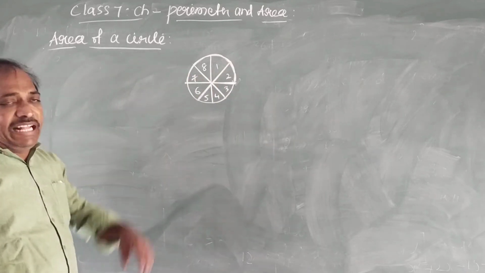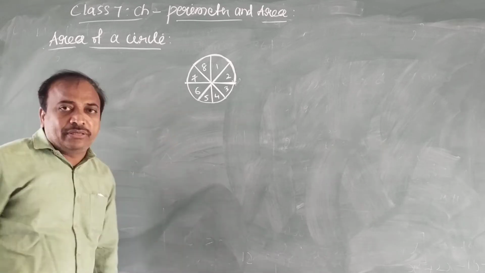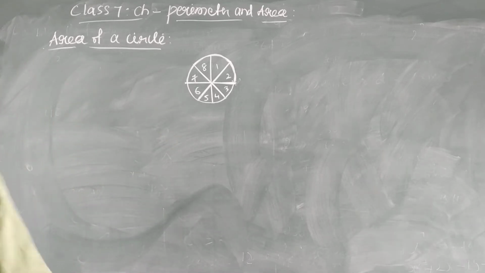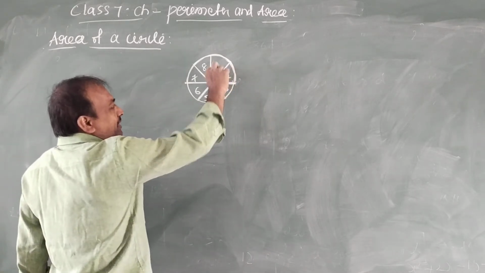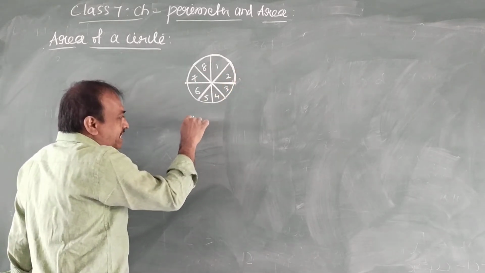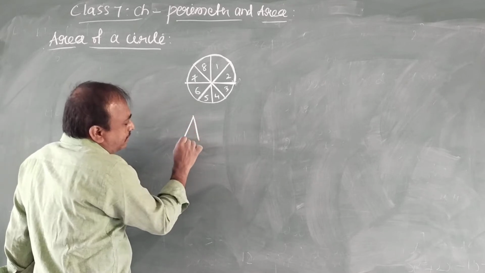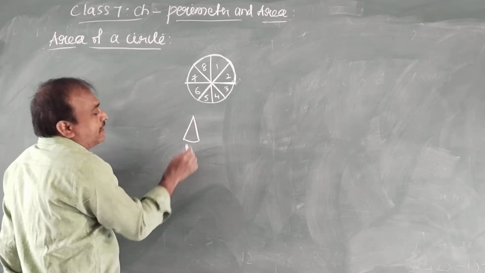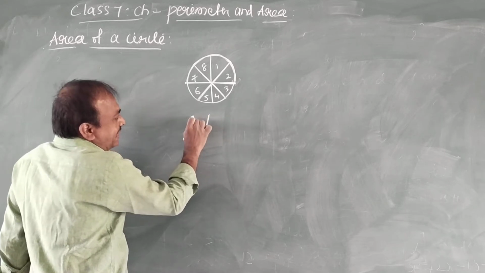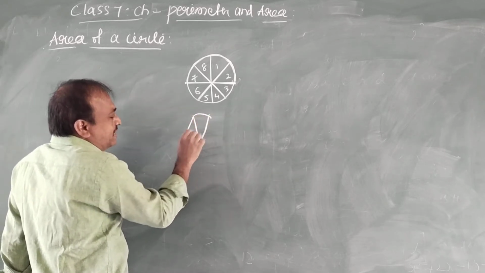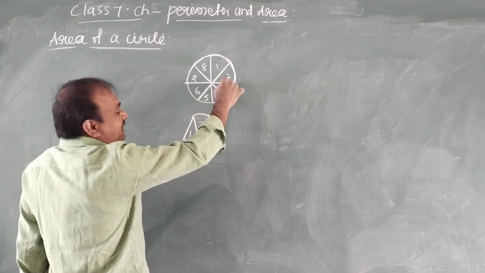So when I arrange it, first part, second part, third, fourth, like this. First I am taking the first sector and arranging it like this. Now the second part I am cutting and pasting like this. This is the first, second, and third sector.